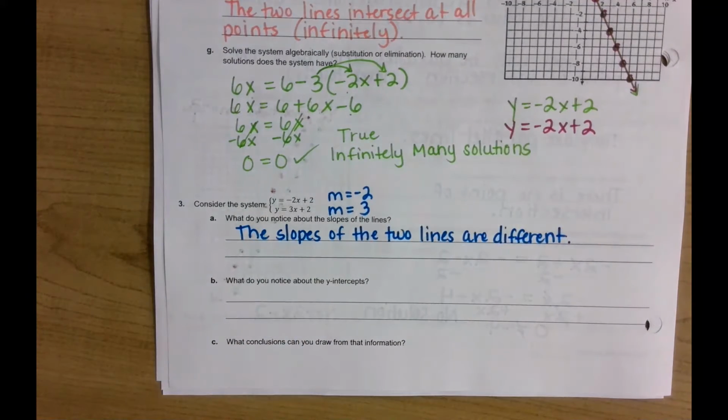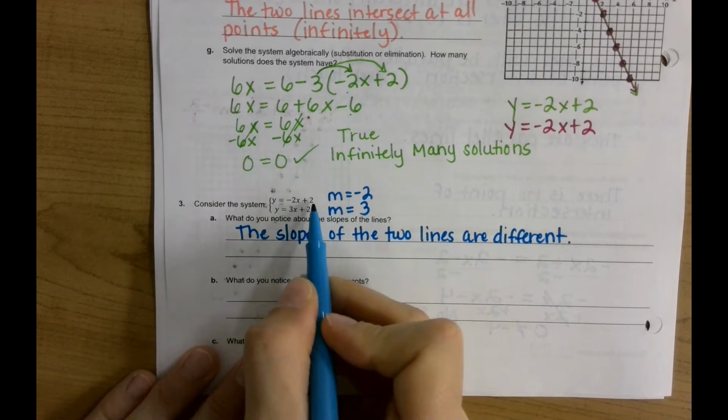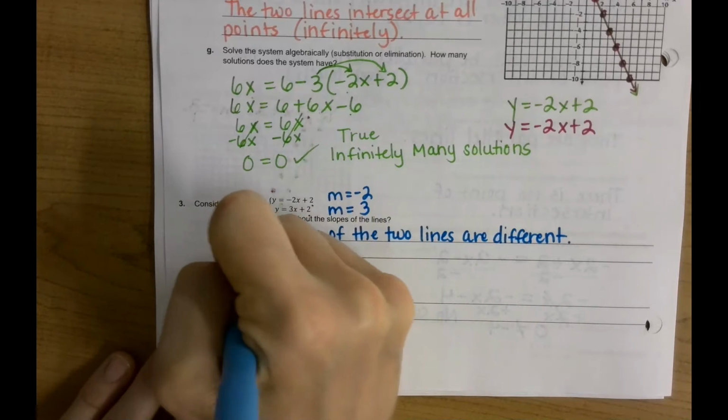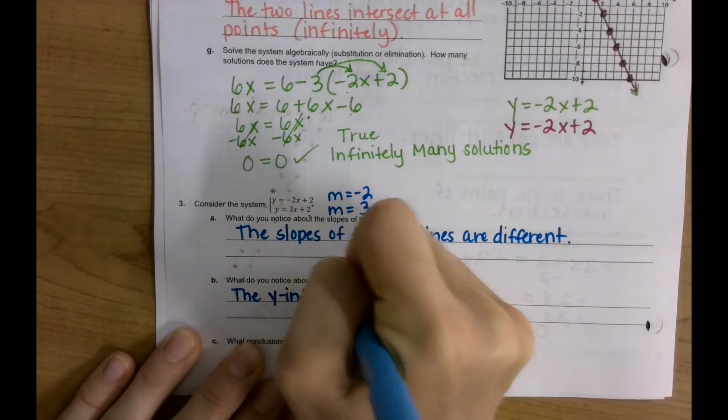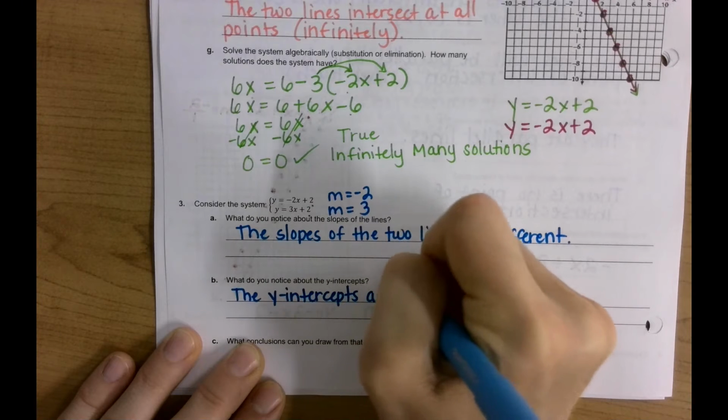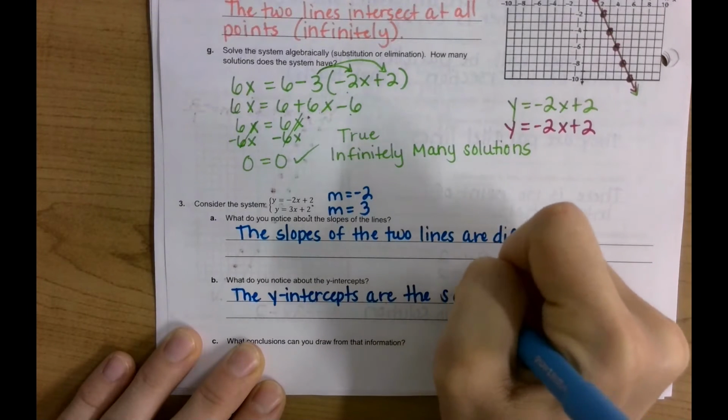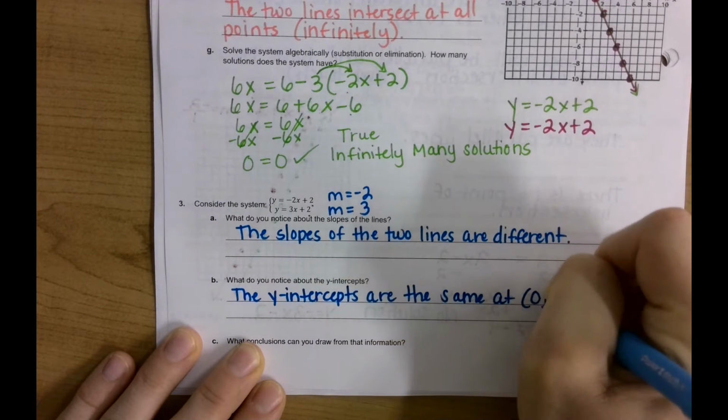What do you notice about the y-intercepts? Well, now I'm noticing that they're the same. They're both plus 2. So the y-intercepts are the same at 0, 2.